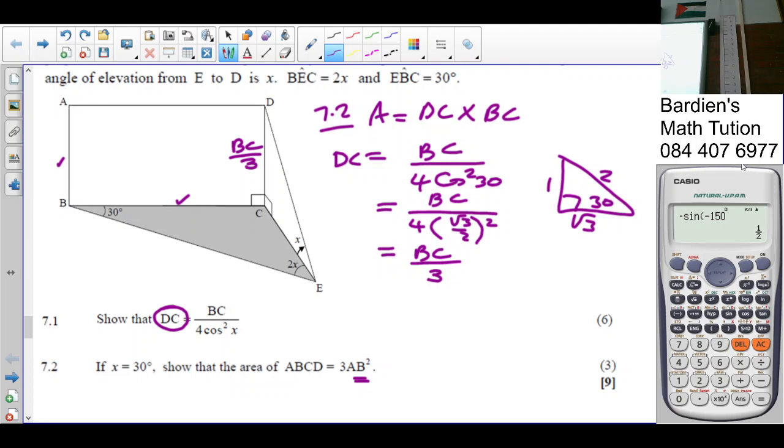So now I need BC. I think I've used it in the other diagram, in the previous calculation, where I said BC over sine 2x. I'm going to go with the sine rule, but let me think about this quickly.